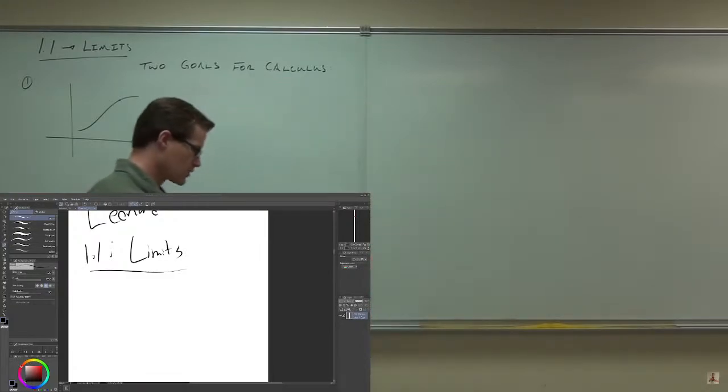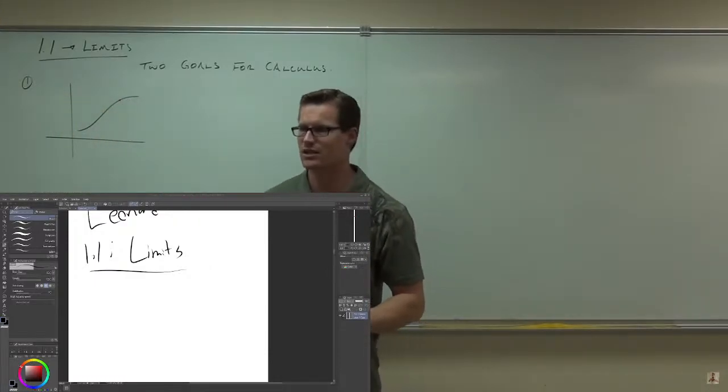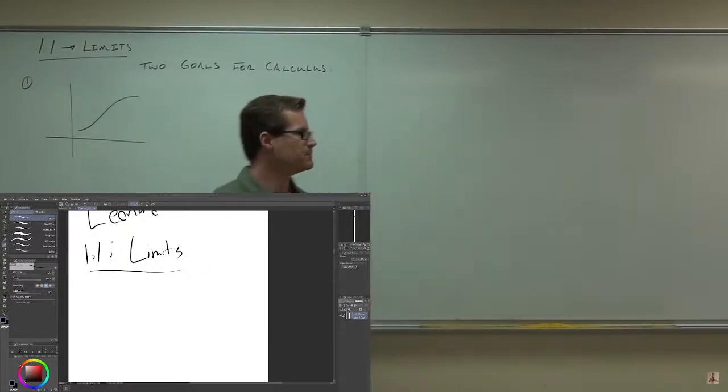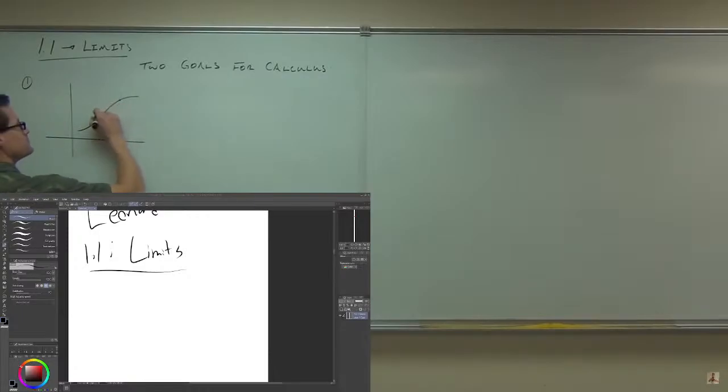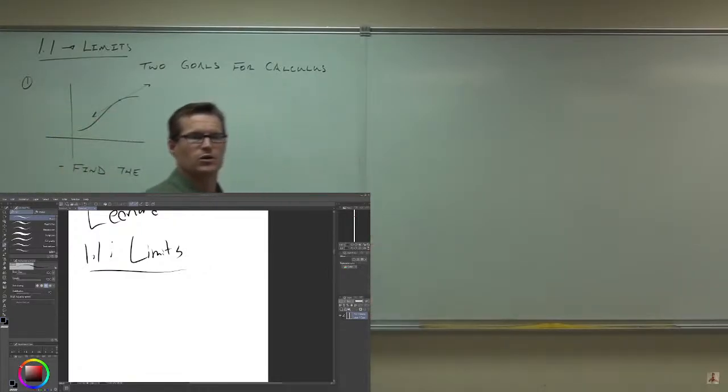That's goal number one: to find the slope of, or to find the tangent to, a curve at a point. The tangent is the line that intersects a curve at one and only one spot in an area. So goal number one, find the tangent, which involves the slope of the curve at a point.